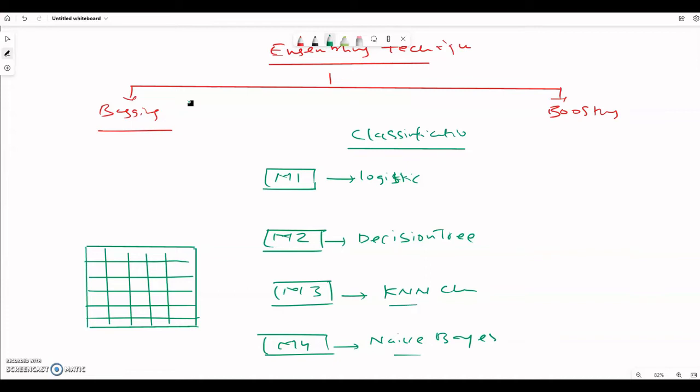Now what I would like to do here is take row sampling from this main data set, which will go to model 1, some rows will go to model 2, some rows will go to model 3, and some rows will go to model 4.